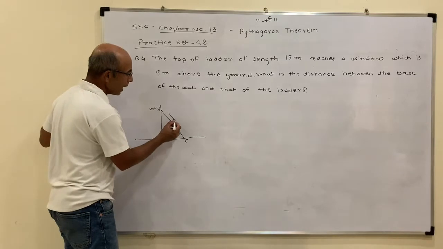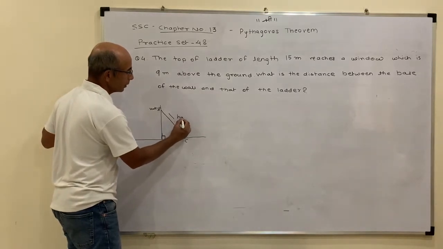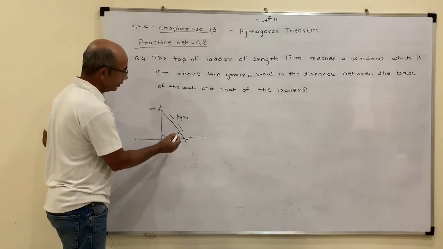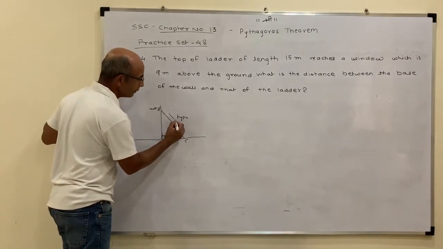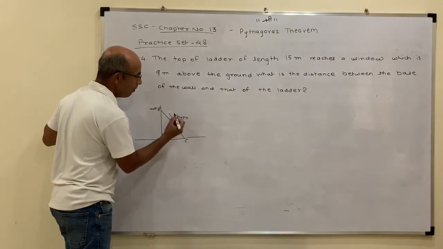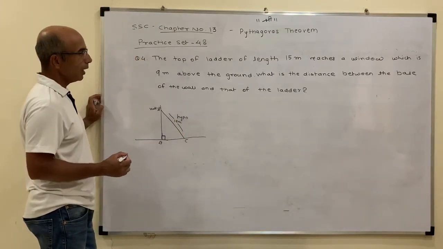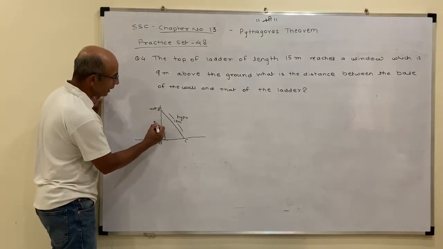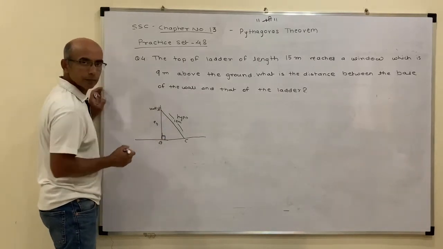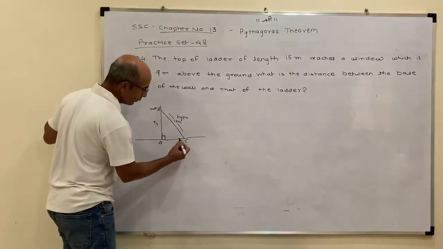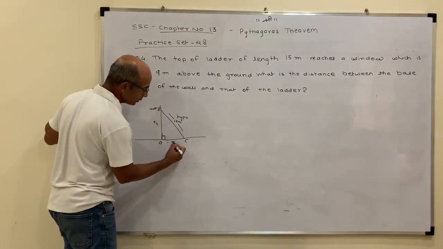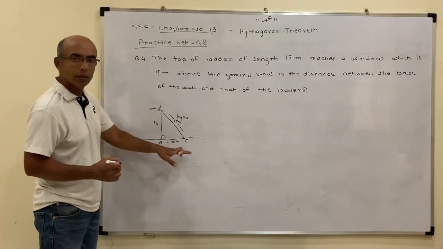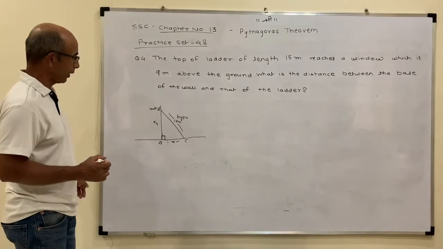So this is my hypotenuse, which is the ladder. The length of the ladder is 15 meters. It reaches the window which is 9 meters above, so this distance is 9 meters. Here that's the window. And what we need to find is this one. Let's consider this as x. So we want to find the distance of the base of the wall from the base of the ladder.